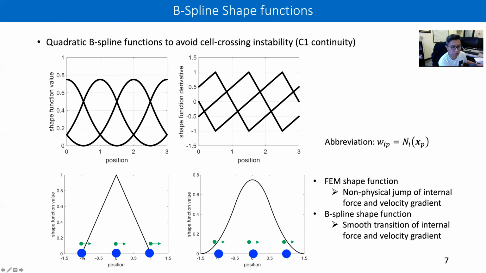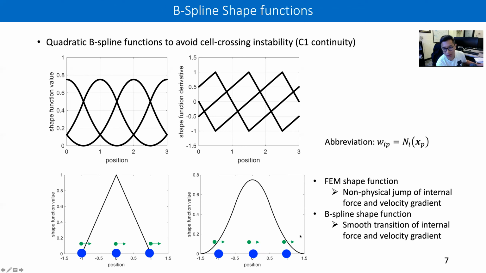So this is the position vector spanned by the classical linear shape function of the finite elements. The issue is that at the grid point, we may have a jump or discontinuity in the positions, and when we take the derivative of it, it leads to a velocity jump that is non-physical.